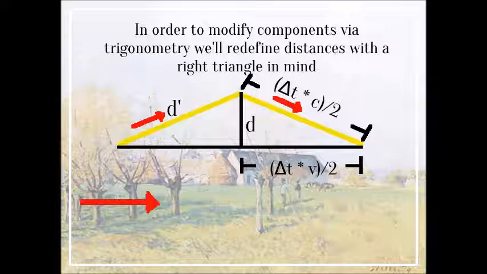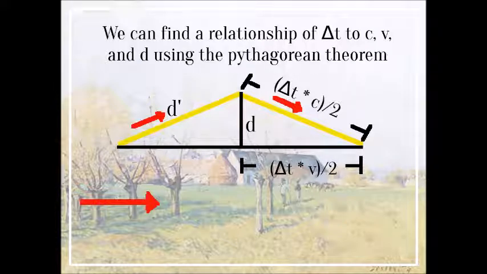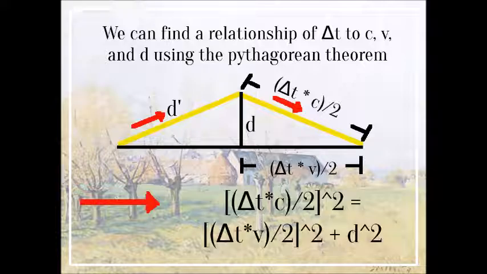And now that we have our components arranged inside of a right triangle, we can use the Pythagorean theorem to define their relationships. The hypotenuse squared is equal to each other side squared and then added.